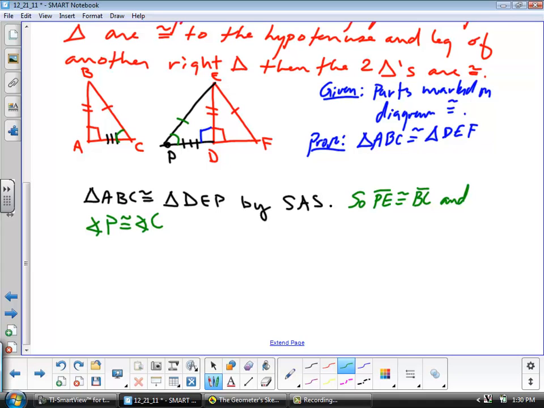Because the triangles are congruent, right? And their corresponding parts. Yes. So because corresponding parts of congruent triangles are congruent. Now, because BC was marked congruent to EF already, by the transitive property, PE has to be congruent to EF.